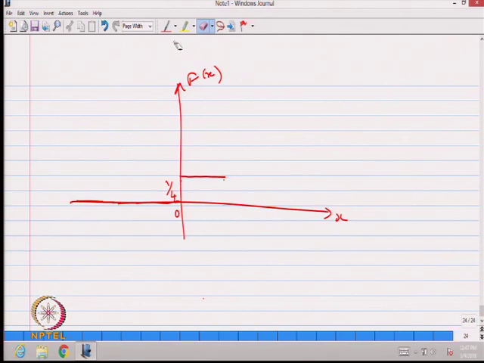At the point 1 it has a next jump of height 3 by 4. So, suppose this is 1 by 4, another 1 by 4, another 1 by 4. So, this much height. At the point 2, so this value is basically 3 by 4. At the point 2, it has a next jump. So, that jump value is 1.